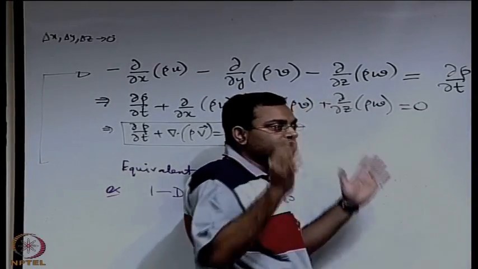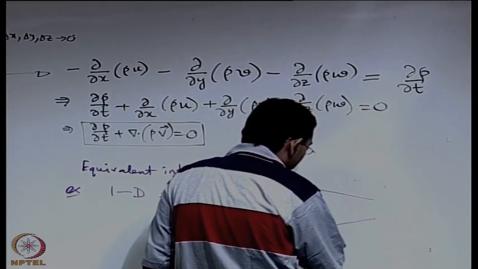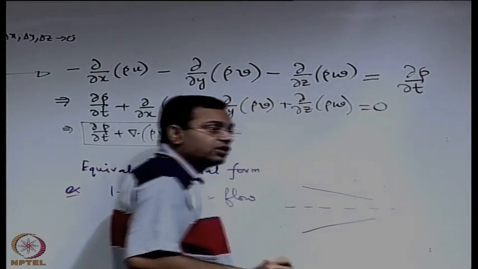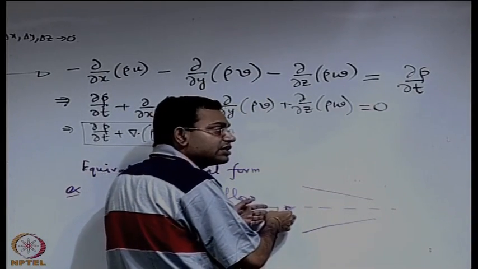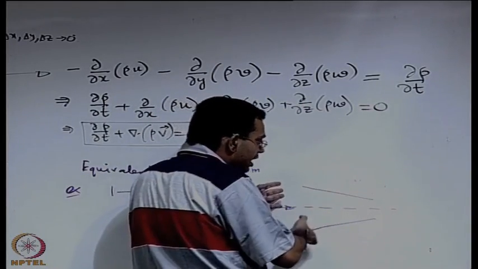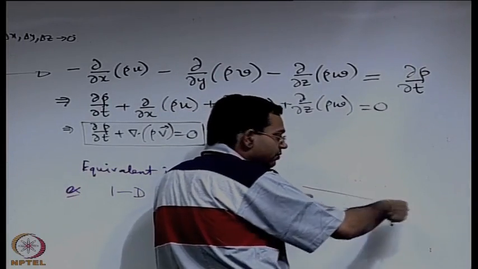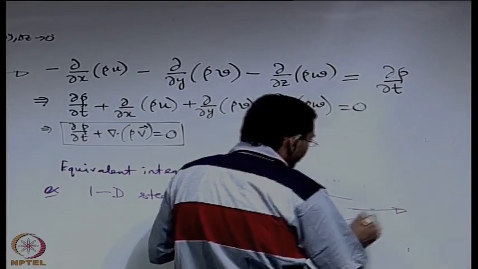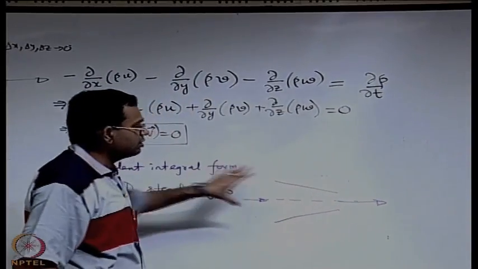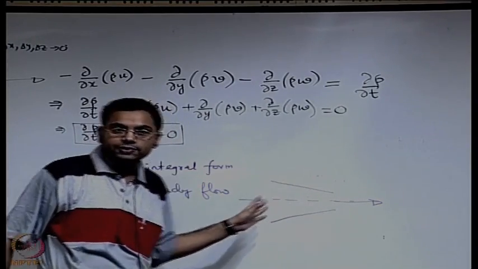Maybe just for your visual understanding, let us say that the flow is taking place through a nozzle like this. A nozzle is something where, when the flow is entering, it is entering with a higher velocity, and as it is moving along it, the area of cross section gets reduced, so the velocity of the flow gets increased. So you may assume that it is something like a conical shape, maybe frustum of a cone or something like that.